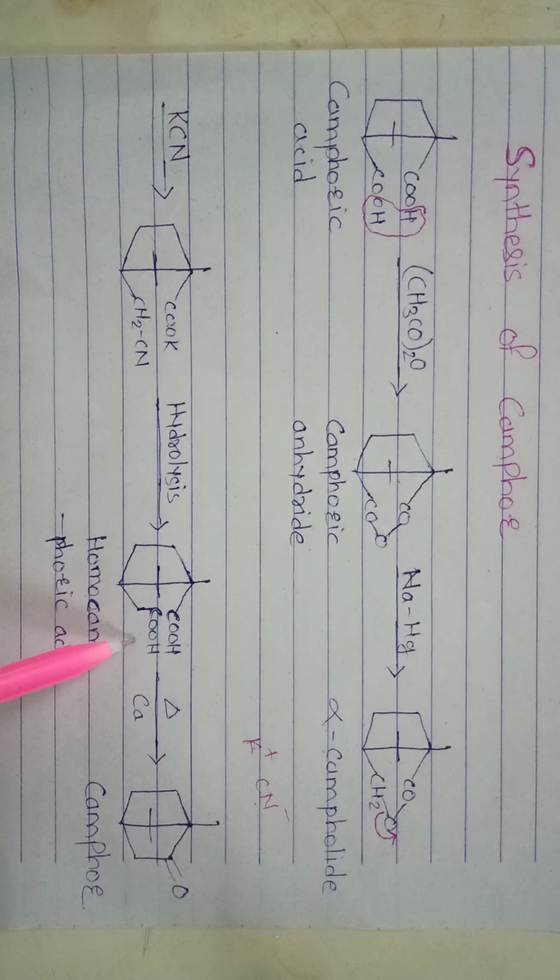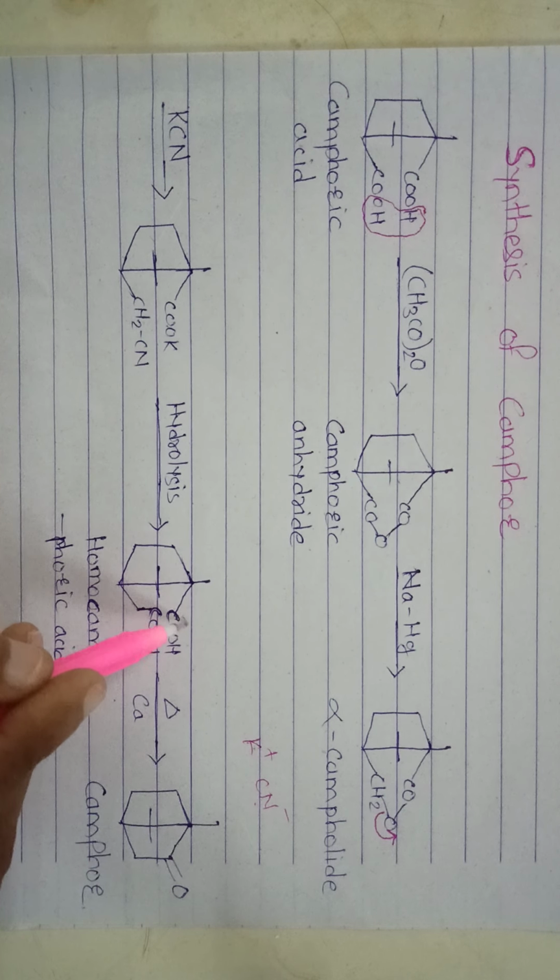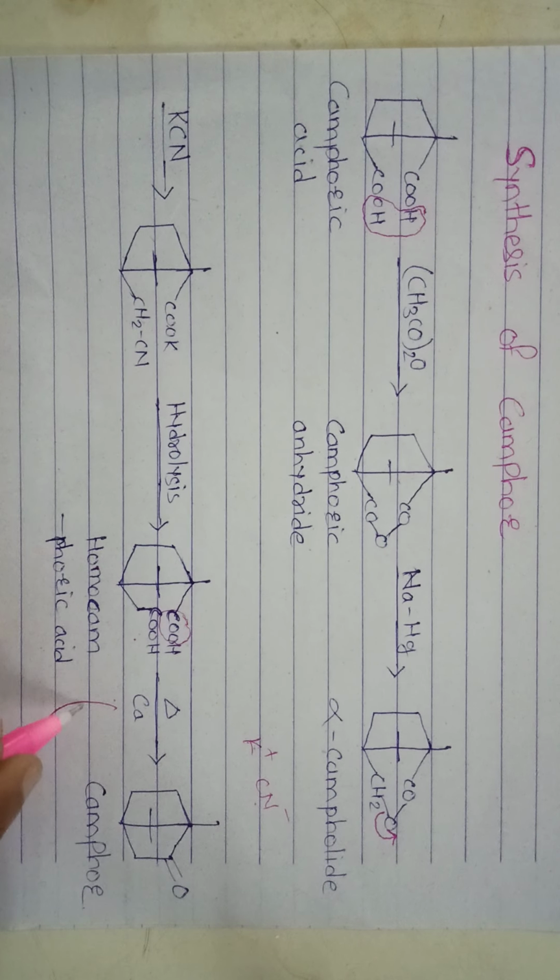In the last step, when homocamphoric acid is heated with the calcium salt, first CO2 is removed, and then H2O is removed, and this forms the carbonyl group.